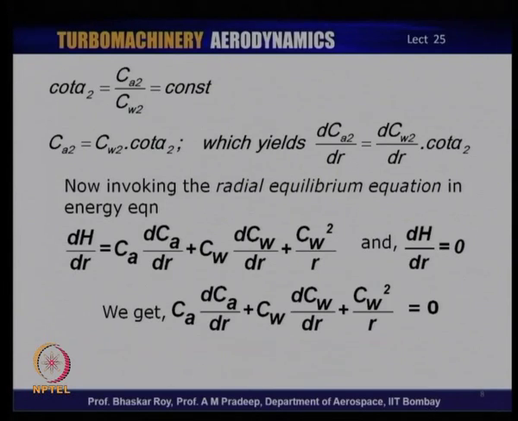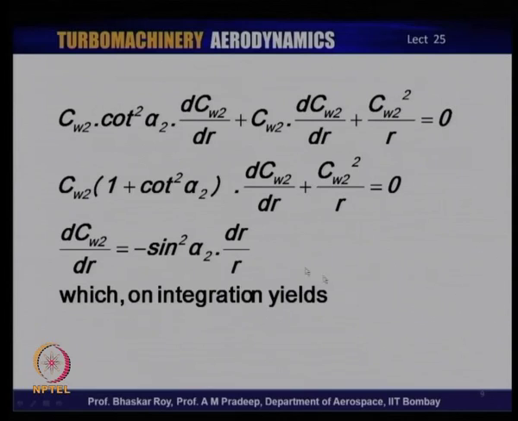If that is so, then the right hand side goes to 0, and on the left hand side we have C A d C A dr plus C W d C W dr plus C W square by r, and that would then be 0. So, the energy equation is brought in here. If we now substitute this in this energy equation, we get C W 2 into cot square alpha 2 into d C W 2 dr, invoked at the entry to the rotor.